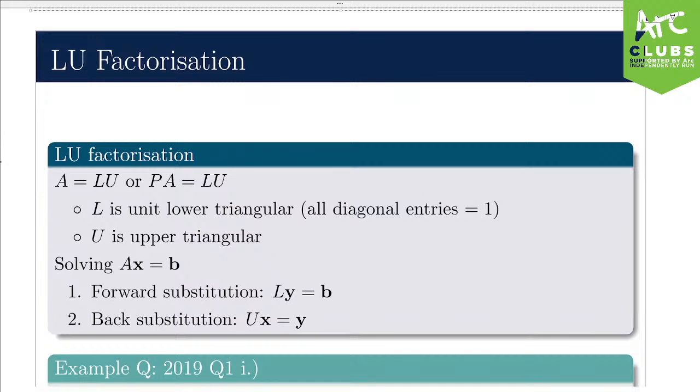And we might end up with pivoting here with a permutation matrix P. What this is useful for is it gives us a more computationally efficient way of solving linear systems.